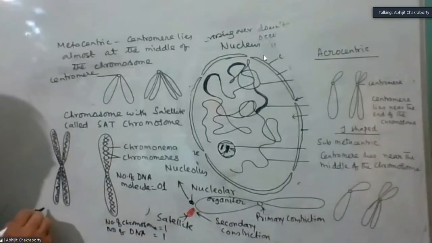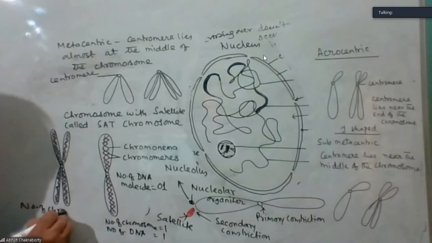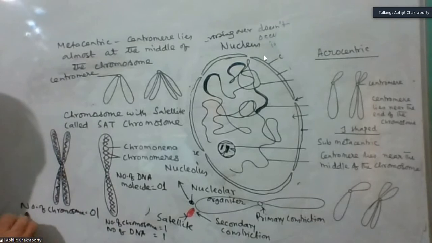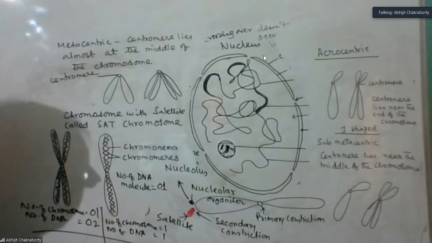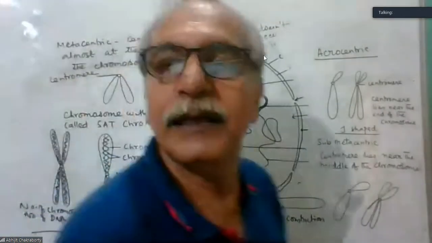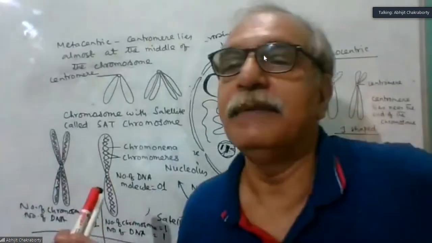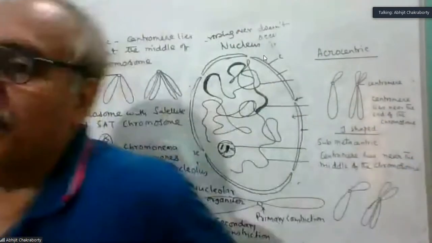Here, number of chromosome, one. Number of DNA, two. See, are the two clear? It is very much required in cell division. Number of chromosomes and number of DNA.